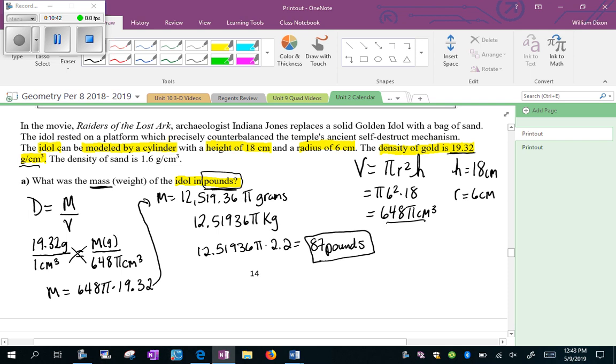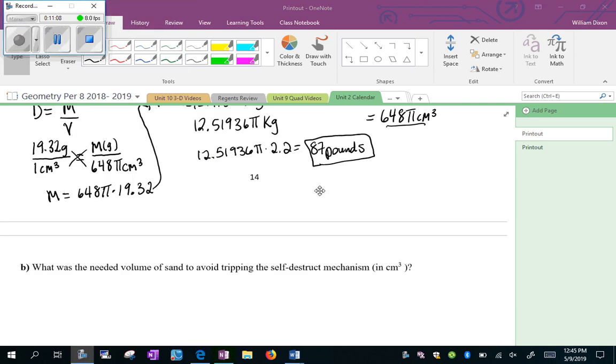All right, let's go to B. So, what was the needed volume of sand to avoid tripping the self-destruction mechanism, in centimeters cubed?